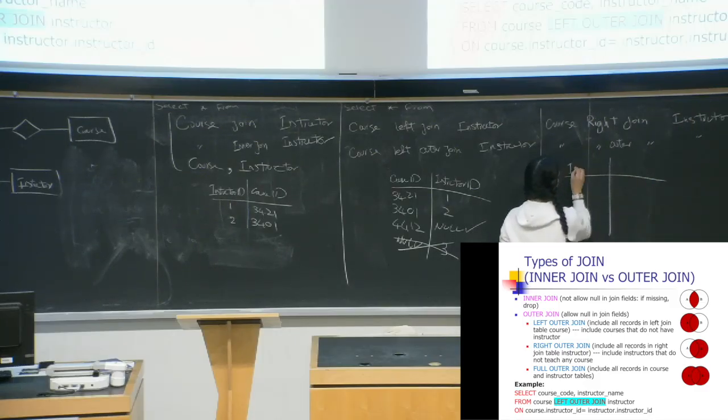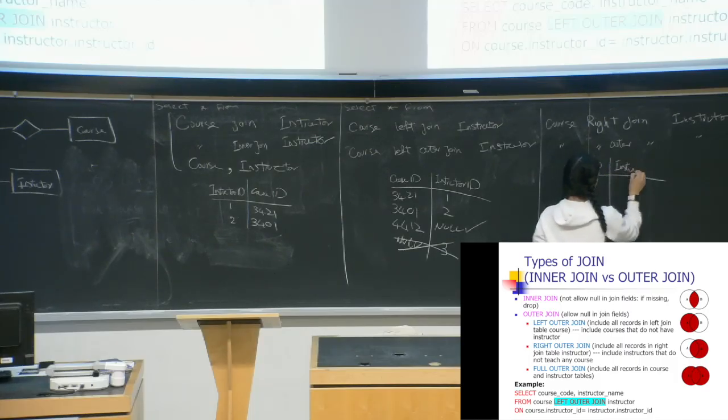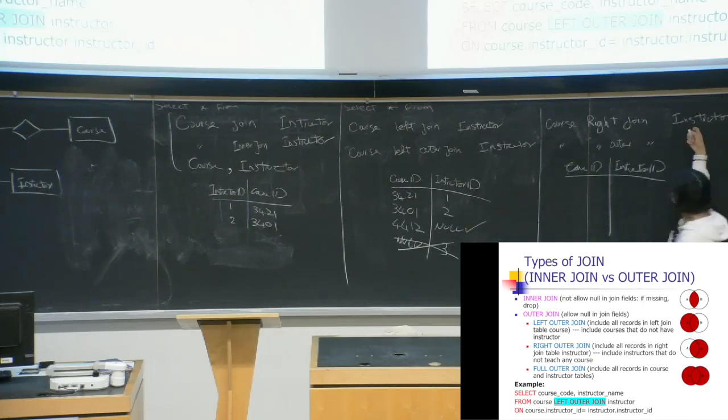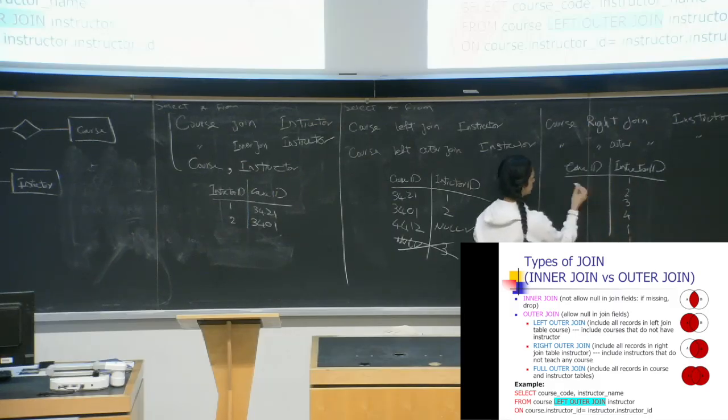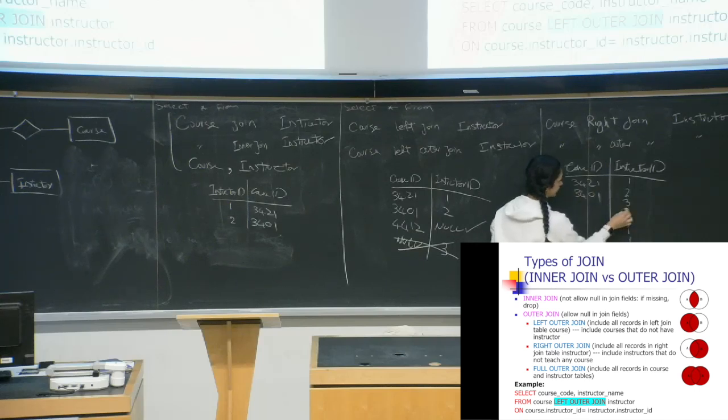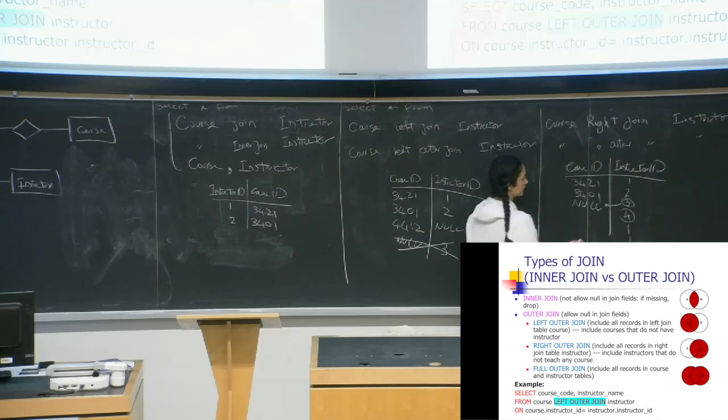So now you have, let's say, course ID and instructor ID. So we want everything from instructors, so all the instructors listed here, right? Even if those instructors are not teaching any courses yet. For example, we have this, and then this instructor is not teaching anything yet, right?